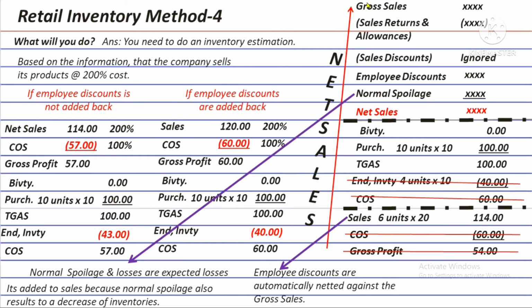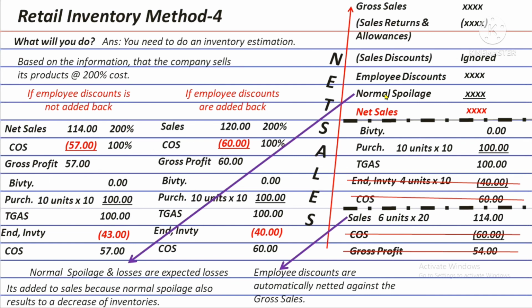Sales will decrease inventories because those will be delivered to customers, right? And the normal spoilage, normal losses, and normal breakage also decrease the goods available for sale because you cannot sell those anymore since they are damaged. So that is why they are combined. Okay? So that's it for the components of the net sales plus the normal breakage, normal losses, and normal spoilage.